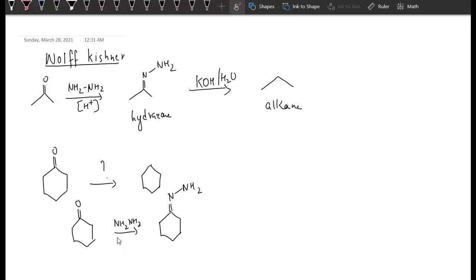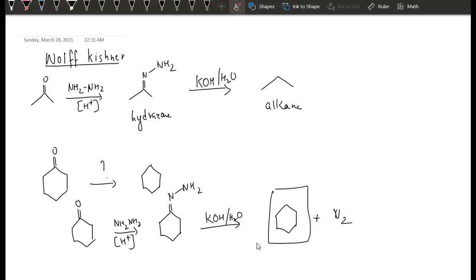NH2, and then in the acidic medium. So this is what you will need first, and then you react it under strongly basic conditions like potassium hydroxide, and you end up with the formation of an alkane. Okay, the side product is actually nitrogen, but if you just show me the main product, that is good enough.